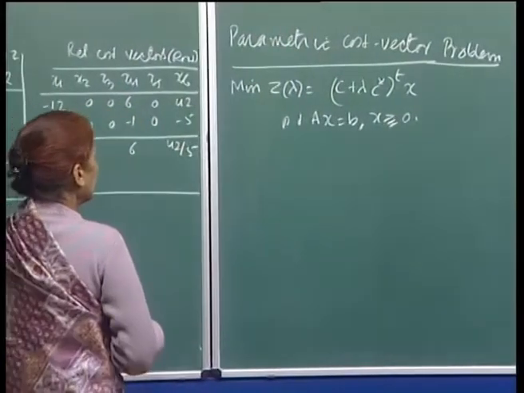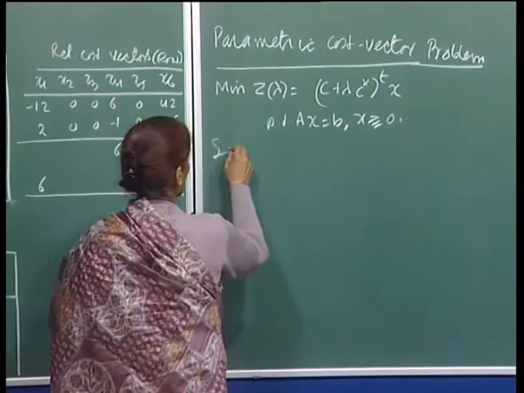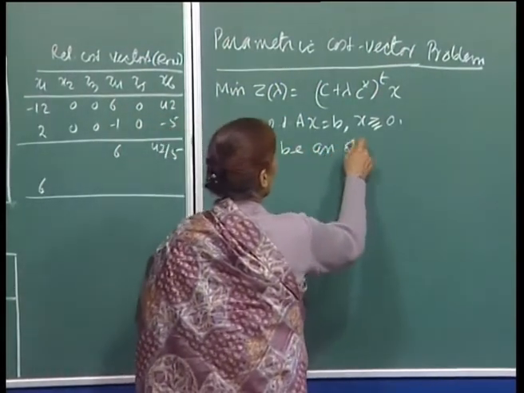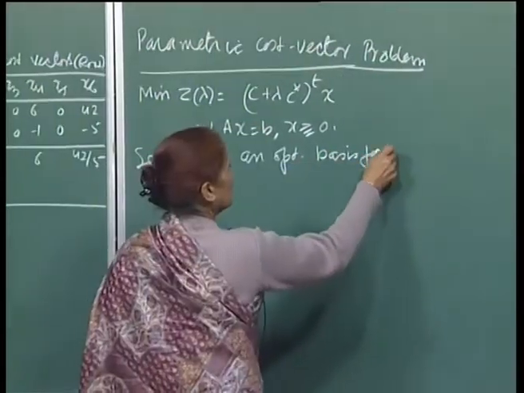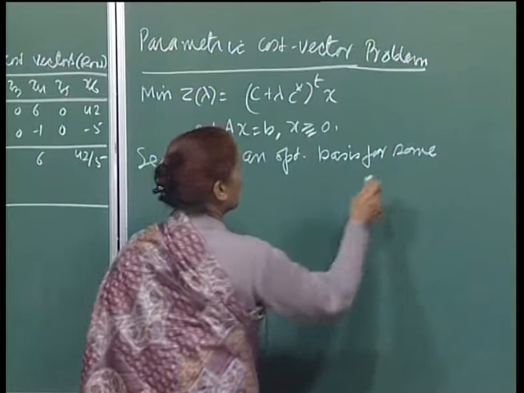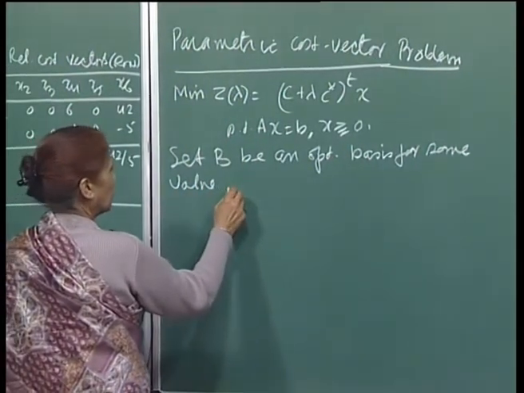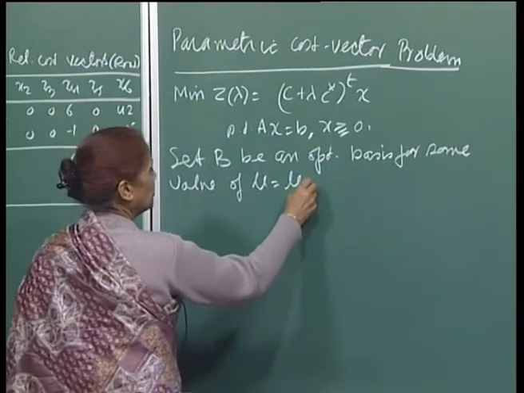Let us first begin by saying that suppose B is an optimal basis for some value of mu equal to mu naught.